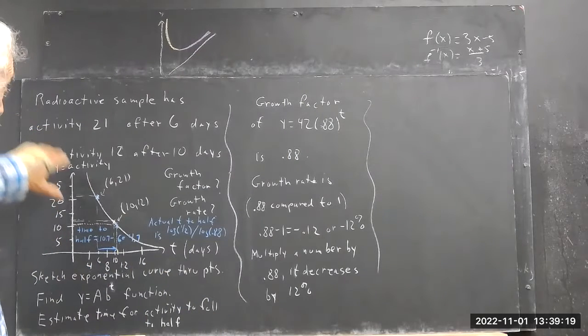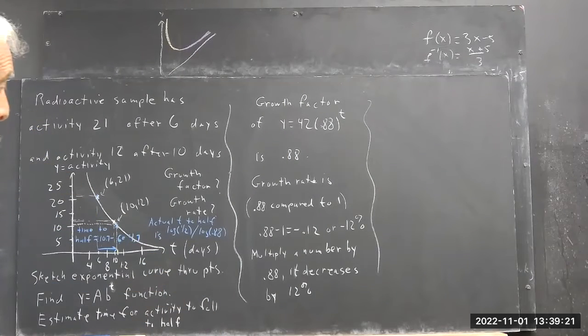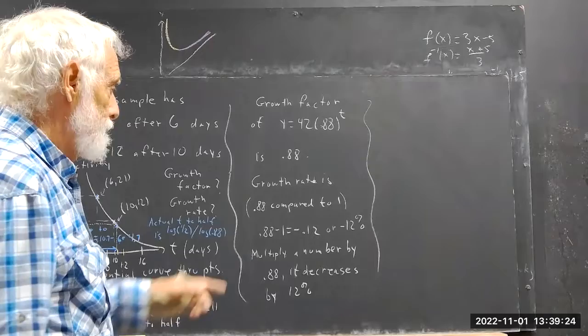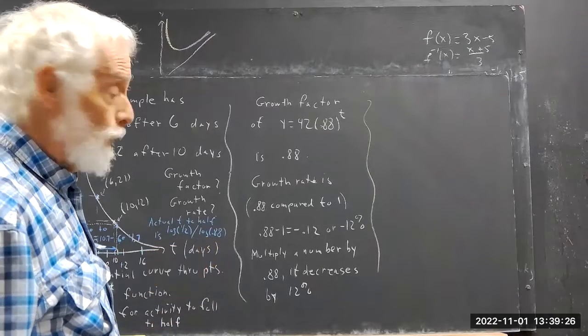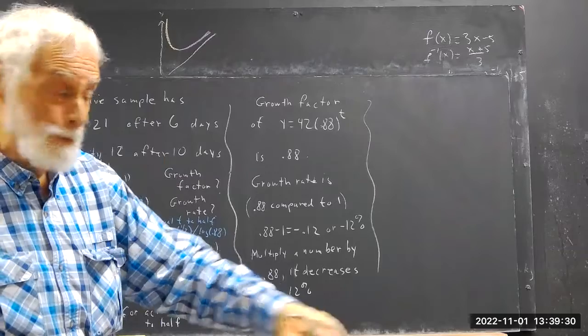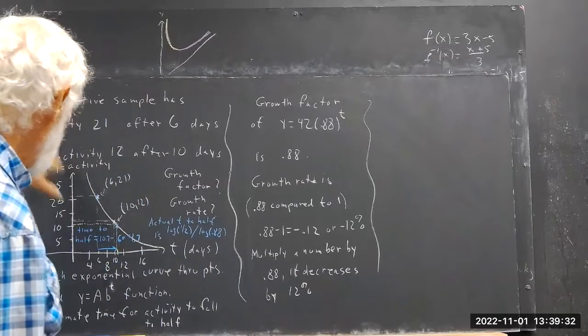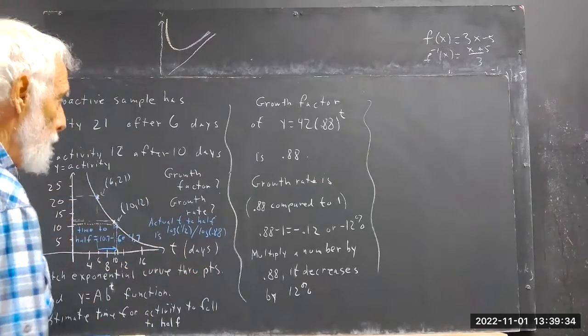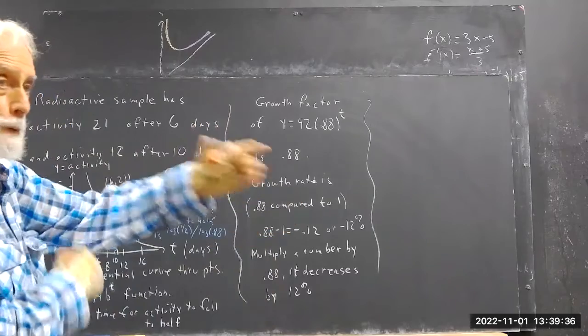Now, this is an example of exponential decay, with a growth rate of negative 12%. Decay means it keeps decreasing exponentially. It means it follows a curve like this, which is just your basic exponential curve flipped around the y-axis.